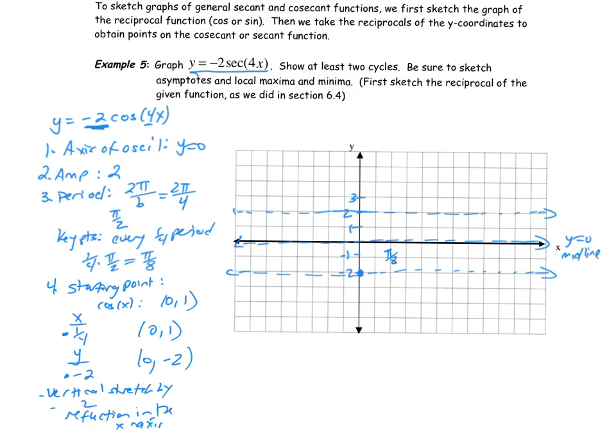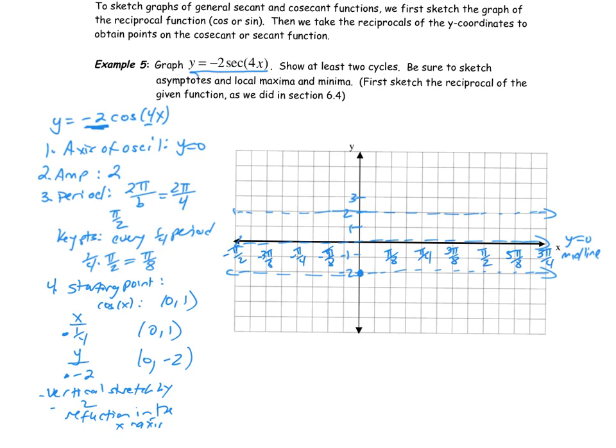The next 2 lines are 2 pi over 8, which becomes pi over 4. 3 pi over 8. 2 lines over will be 4 pi over 8, which becomes pi over 2. 5 pi over 8. I can't simplify that. 6 pi over 8 becomes 3 pi over 4. And then I'll count in the negative direction. So negative pi over 8, negative pi over 4, negative 3 pi over 8, and negative pi over 2.